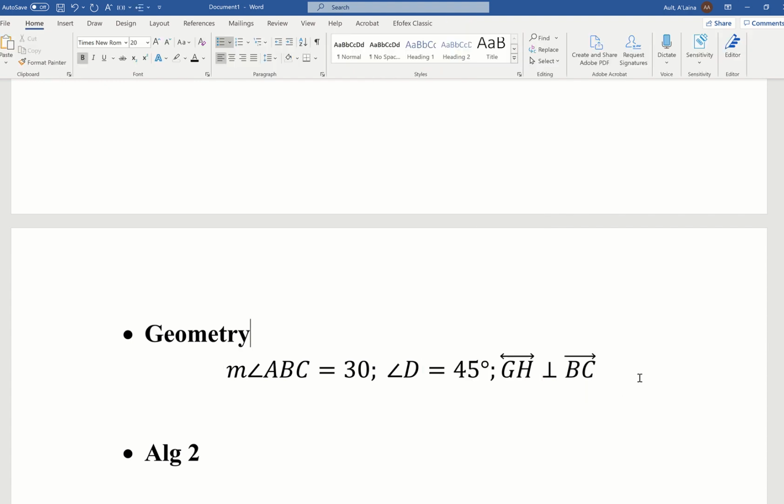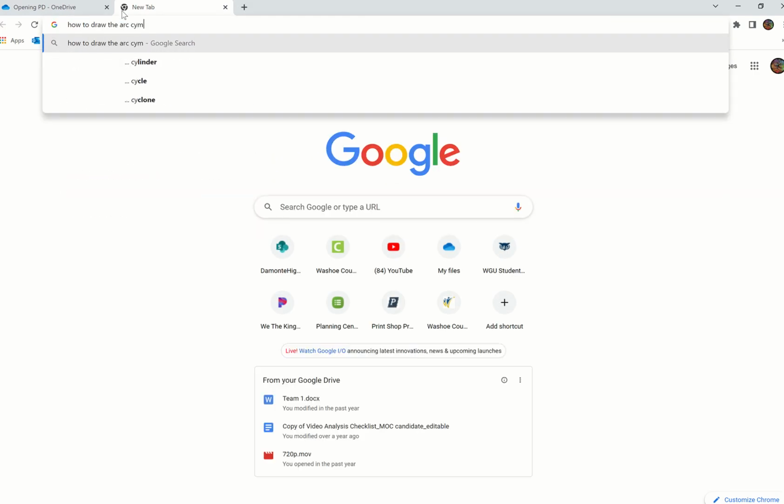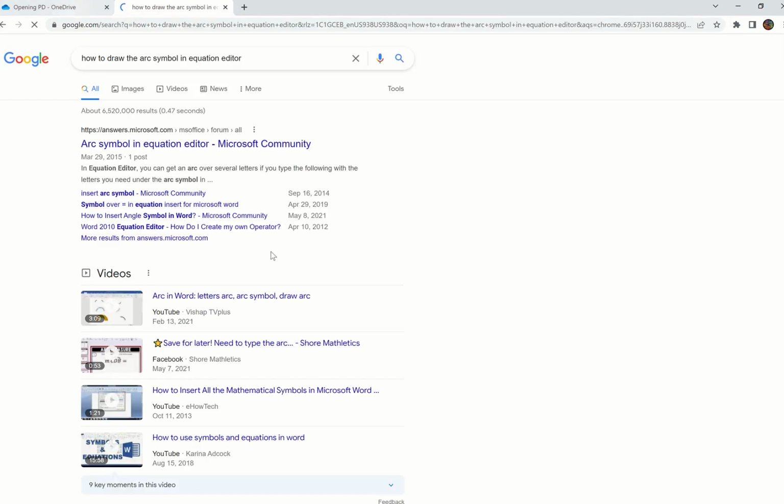Now, doing the arc symbol is really tough no matter where you're at. I had to look this up in the past, and I have forgotten to do it, so let me look it up again. How to draw the arc symbol in equation editor. There is a way. I just didn't teach geometry this year, so I don't remember it.